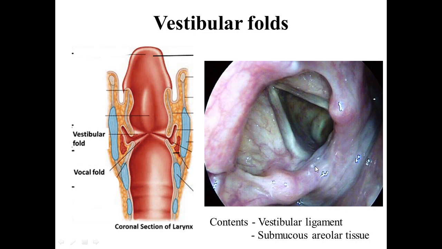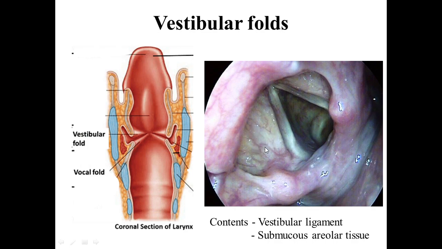Then again, this is the superior view of the laryngeal cavity. We have seen these are the aryepiglottic folds. Then just below the aryepiglottic fold, these folds on either side are the vestibular folds.